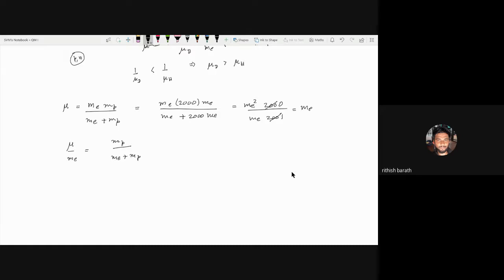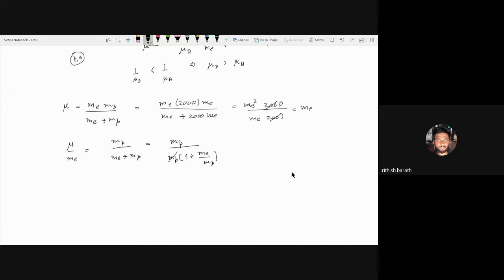You have mu equal to mp divided by mp into 1 plus me by mp.